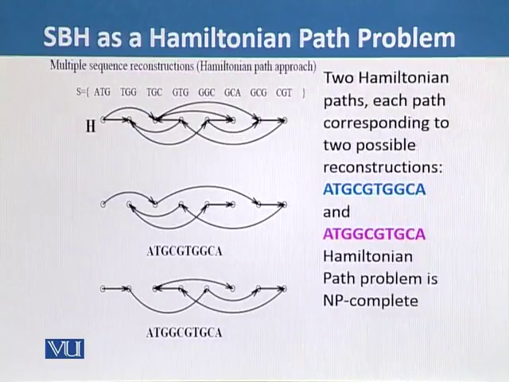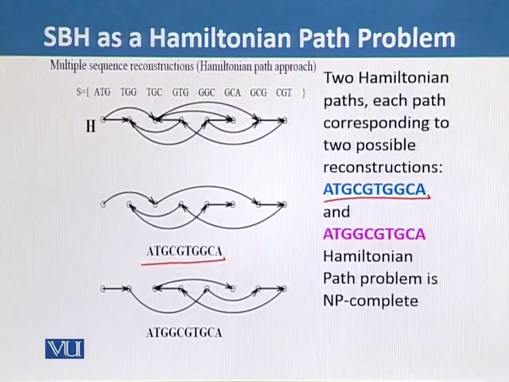So in this figure we can see that there are two possibilities, and multiple sequence reconstructions, and we will get two types of strings. One is starting from AT and ending with CA, and the other one is starting from ATG and ending at GCA.